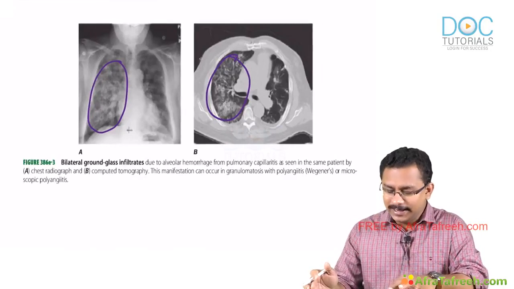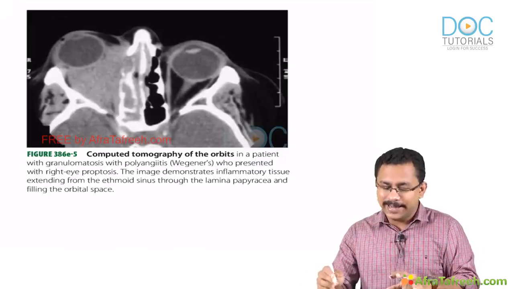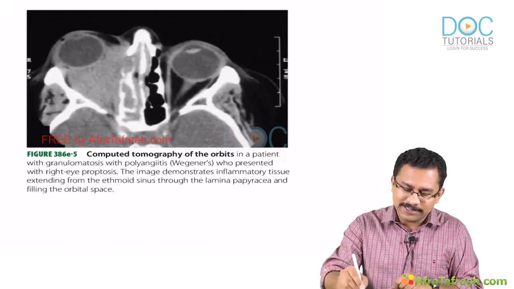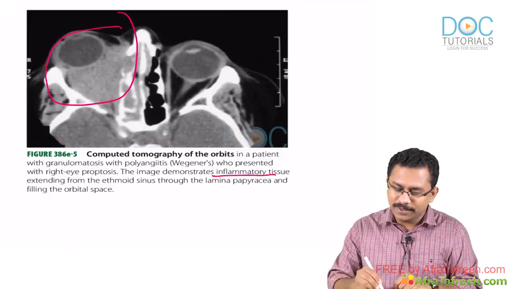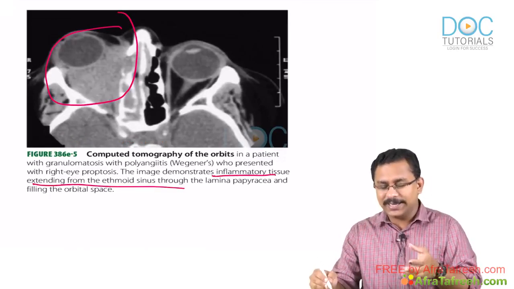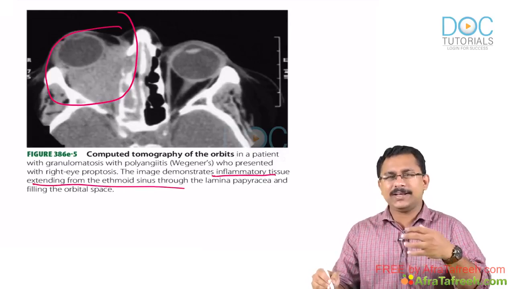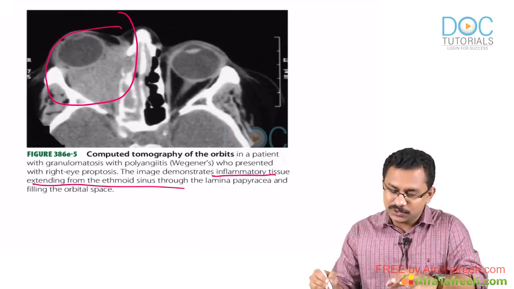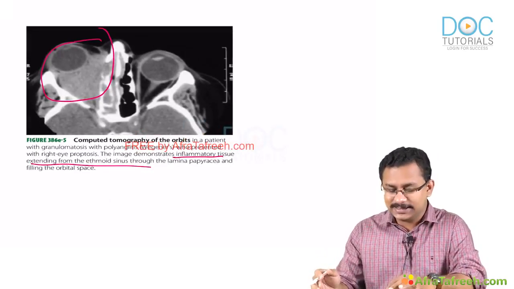And this is another patient who had granulomatosis with polyangiitis, and you can see here the orbit on the right side, so much inflammatory tissue extending from the sinus and filling the orbital space. The patient actually had a dreaded visual loss also, and severe proptosis, which you can appreciate in this CT itself.